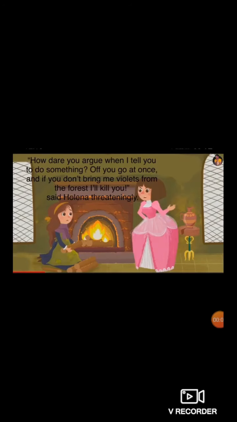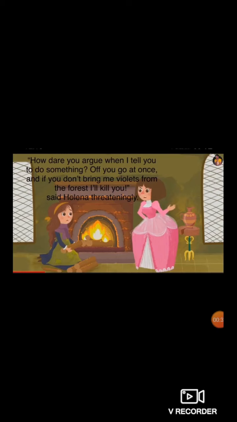So, dear students, Helena sent Maricla to get her violets from the forest. When Maricla said it's impossible to find violets in the snow, Helena said threateningly, just go and bring me violets, and if you will not bring me violets from the forest, I will kill you.